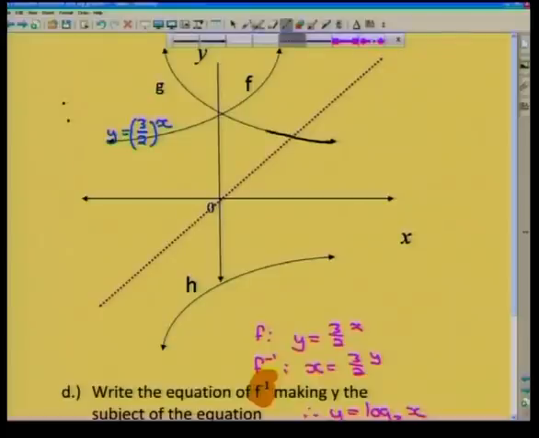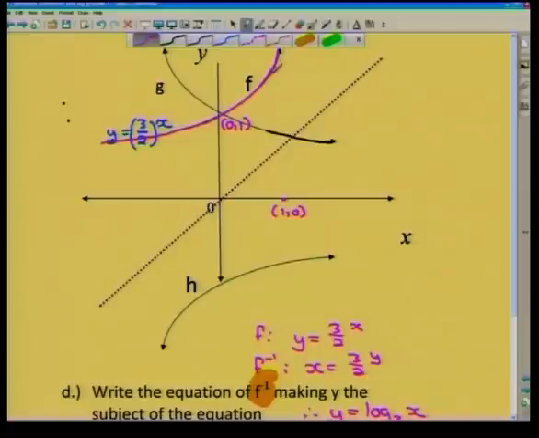So if this is my pink line here, and I want to reflect about the axis, I know it's going to look more or less like that. And being a log graph, it will cut there at 1, because we know that this is going to be the coordinate (0, 1). So over here, we know that this inverse will be (1, 0).